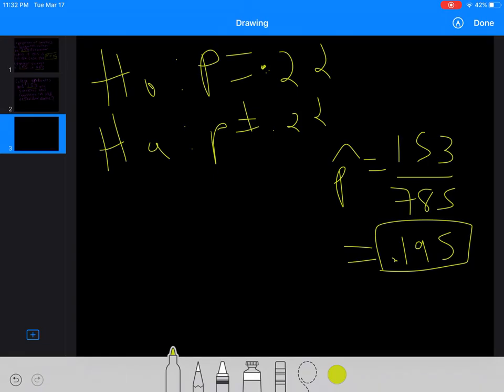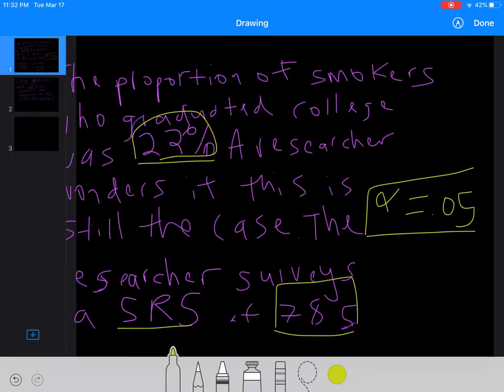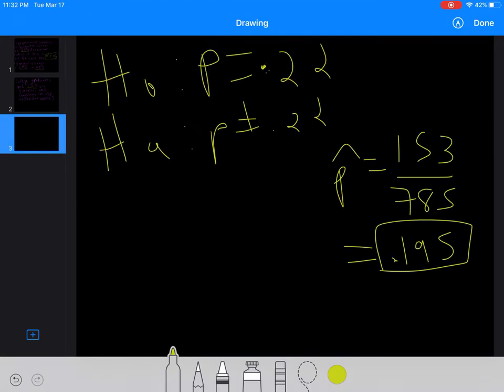So what we're going to do here is calculate our z-score. So our alpha given was 0.05. So we need to calculate a z-score's area that's less than alpha in order to reject the null hypothesis here. And our null hypothesis is p is equal to 0.22.